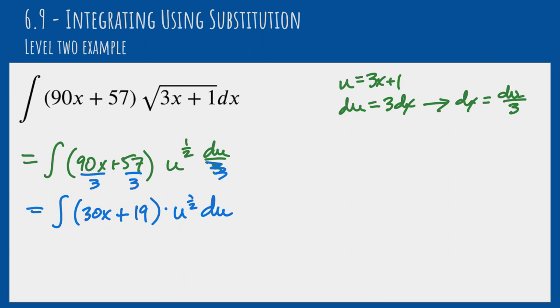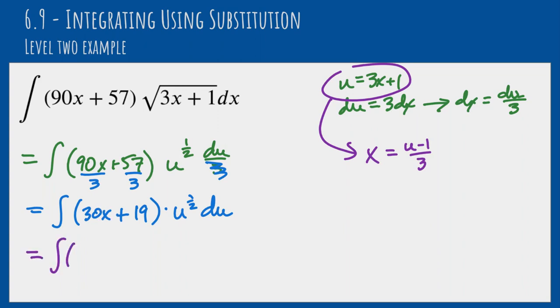So what we're going to do here with the substitution choice that we made is solve for x. So x here is going to be u minus 1 over 3. And so using the same equation that I used for the substitution, I can replace the x with u minus 1 over 3 to complete the substitution.